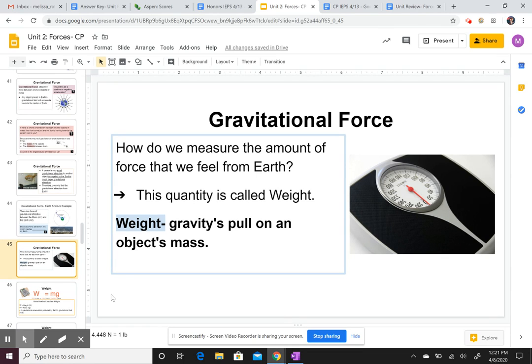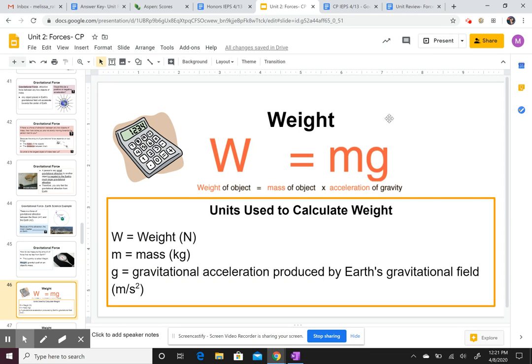Weight is a force, and it's a measure of how much gravity is pulling you towards Earth. Weight depends on two variables: your mass and the acceleration of gravity. On Earth, the acceleration of gravity is 9.8. It's a negative 9.8 technically, because we're pulled downward toward the center of the Earth.